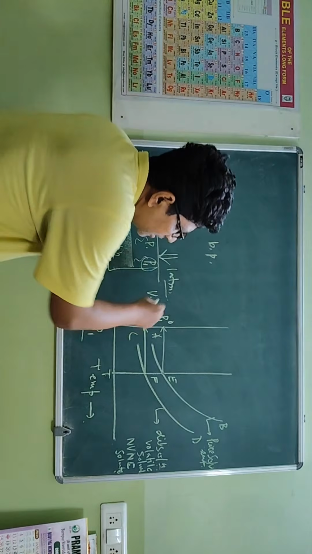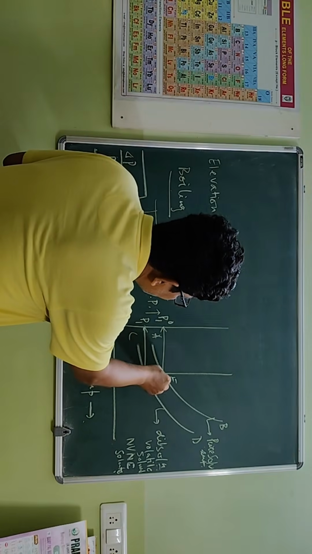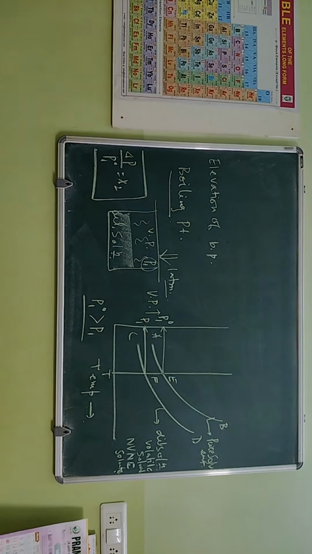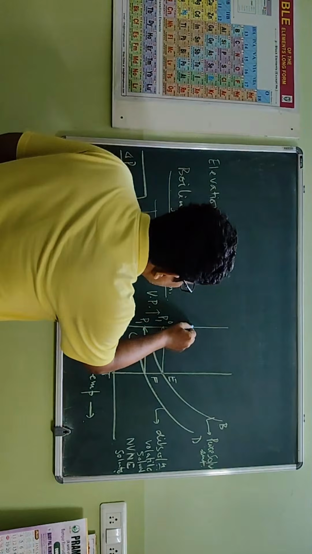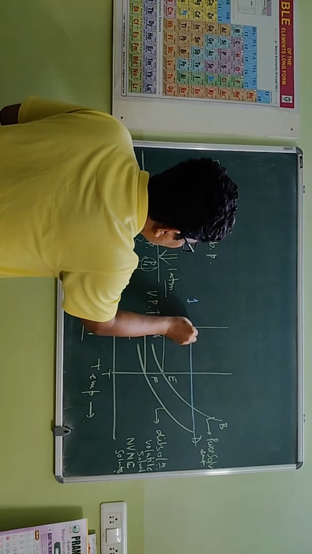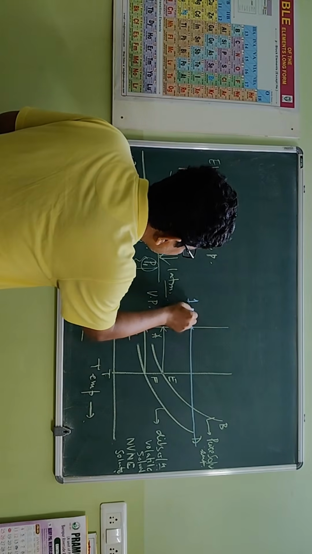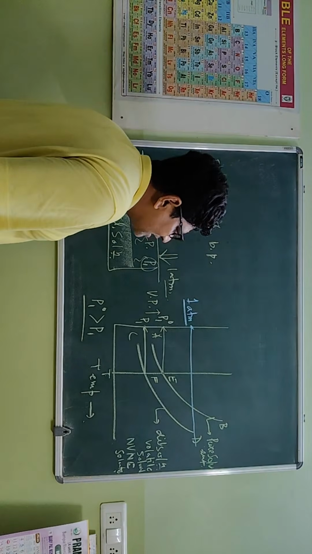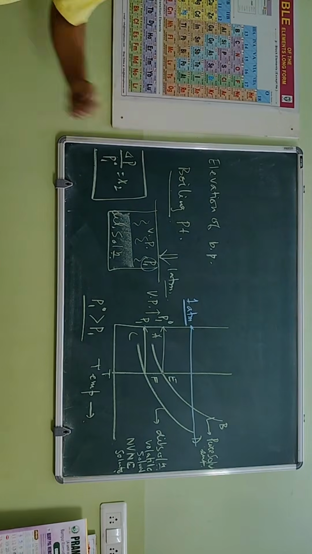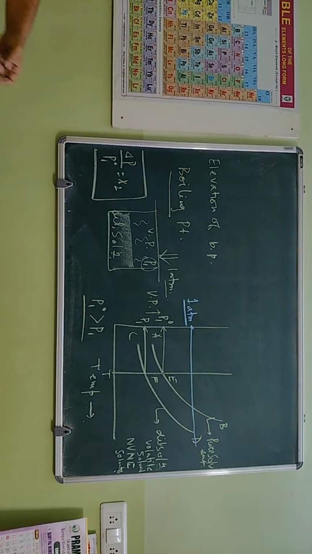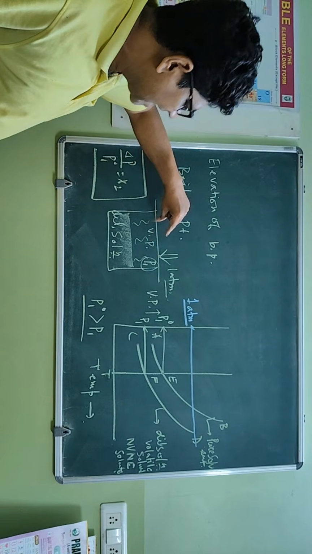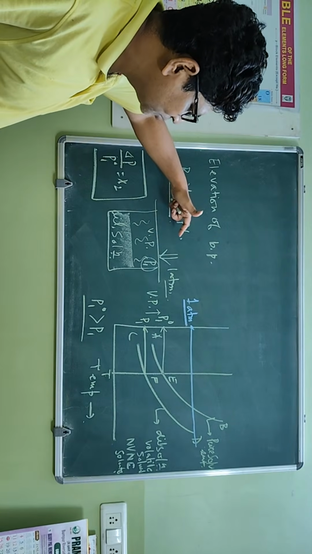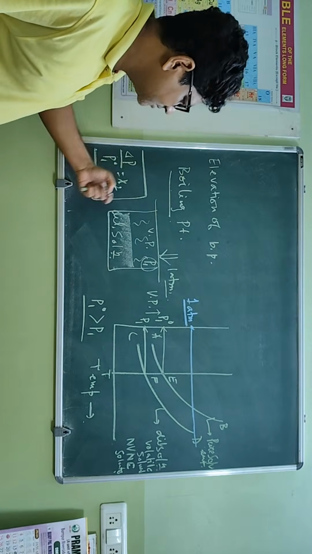Now, if I consider that this is the 1 atmospheric pressure, this point on the y-axis has the value 1 atmosphere. According to the definition of boiling point of a pure liquid, if the saturated vapor pressure of the pure solvent just equals the atmospheric pressure, then only that pure liquid starts boiling.